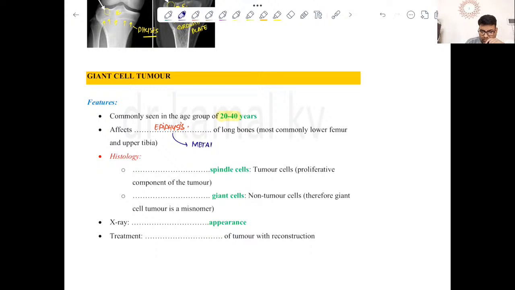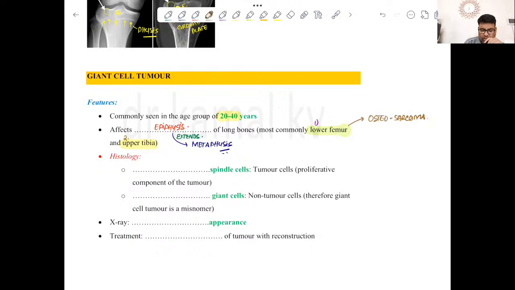So at times you might see the radiological findings in the metaphysis, but this does not mean that the tumor is originating from the metaphysis. It is actually an epiphyseal tumor which extends till the metaphysis. So it is just extension. It is especially in the lower femur and upper tibia. Now this is the same location as for osteosarcoma.